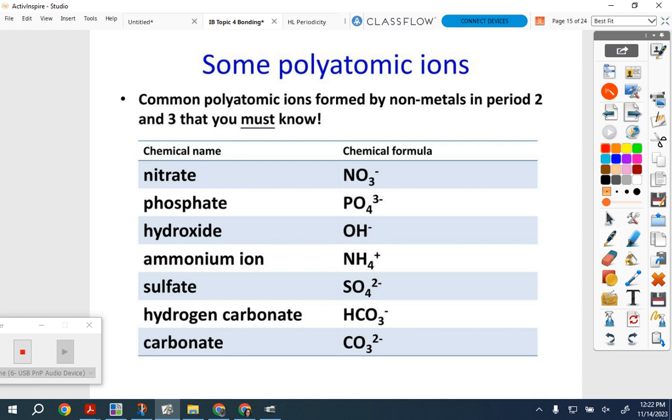Okay, so nitrate, phosphate, sulfate. Another thing about those 3, and some other ones as well, but these are the ones that are most commonly used, is that they also have a different oxyanion version with 1 fewer oxygen. Still the same charge. It's just 1 oxygen less.